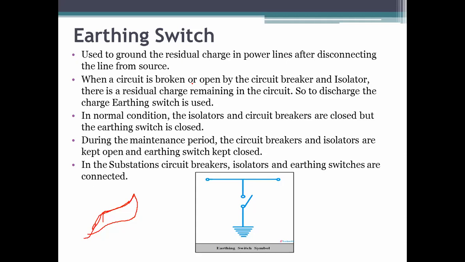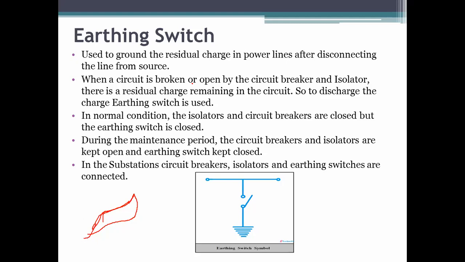Why is this earthing switch closed? Whatever current is in that line, circuit breaker or isolator will flow towards ground by using this earthing switch.